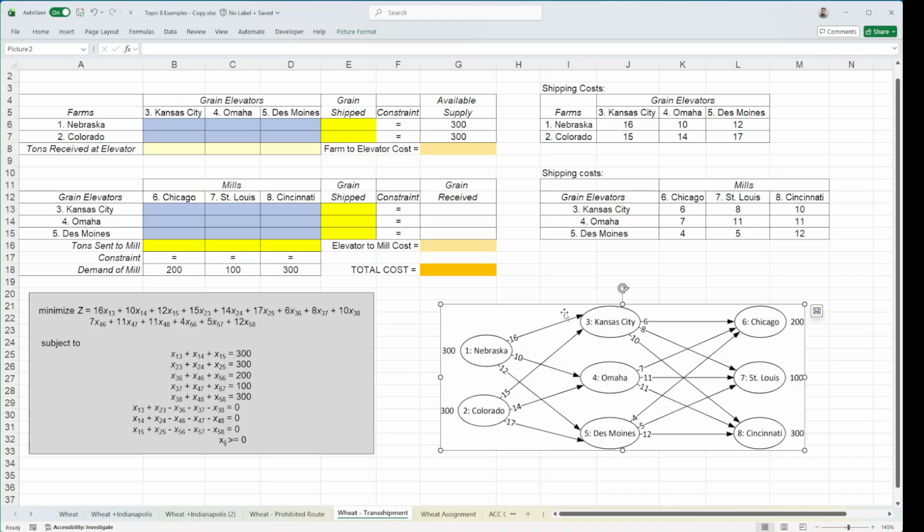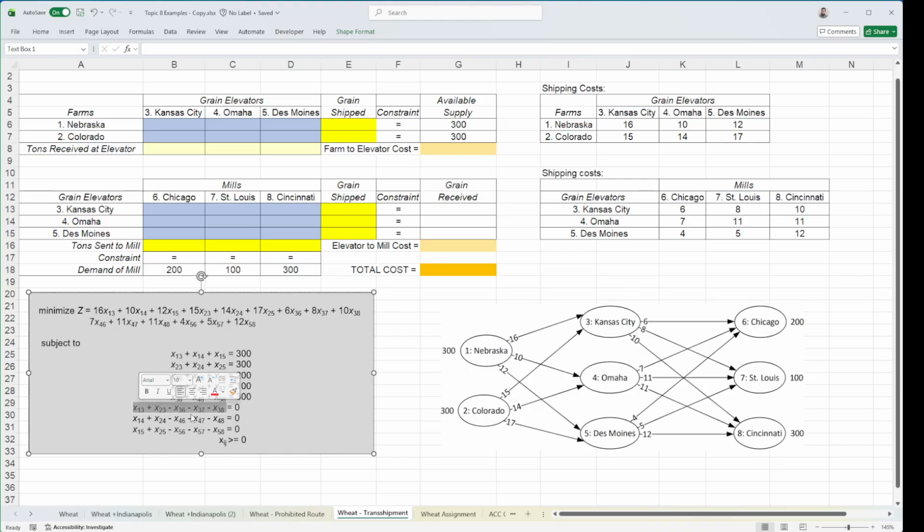So the total that goes into a transshipment node, for example here, x13 plus x23, should be equal to the total that is shipped out of the node, x36 plus x37 plus x38.